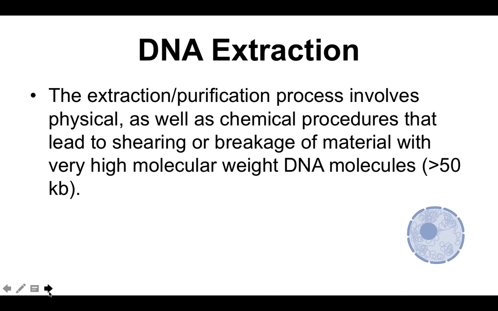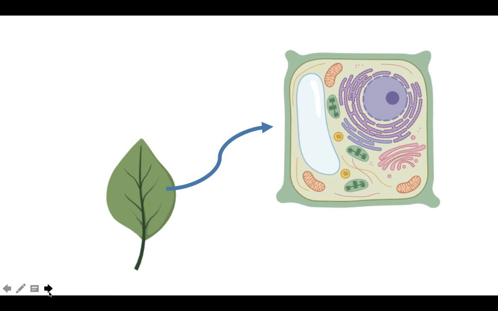So we expect that DNA from eukaryotes, which is usually very big in terms of size, is within compartments of the cell, within the nucleus, within the mitochondria, within the chloroplast. So in order for us to access that DNA, we need to break those cell materials. No?